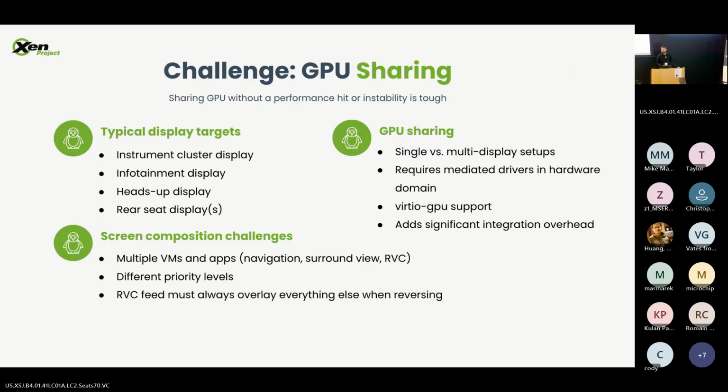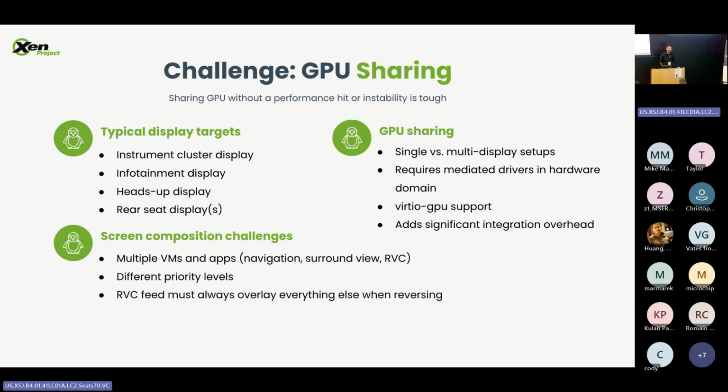Yes. Yeah. So a car could have tens of ECUs, maybe more. How would you consolidate them all on one Xen, or do you have multiple per zone? So it's not the whole complete car. Yeah.